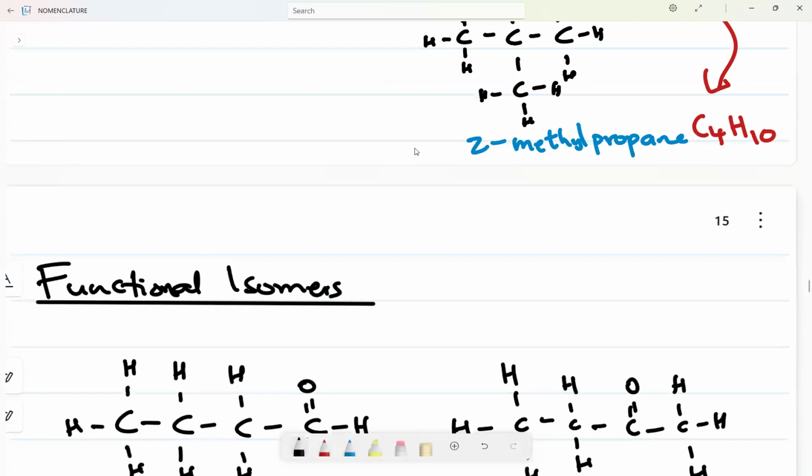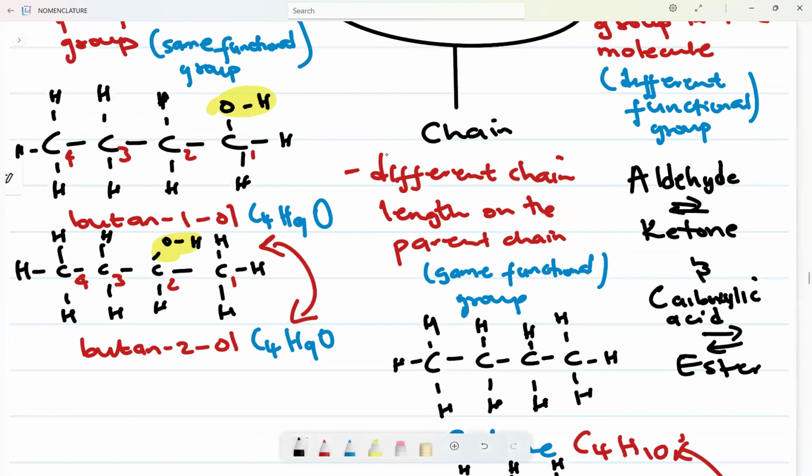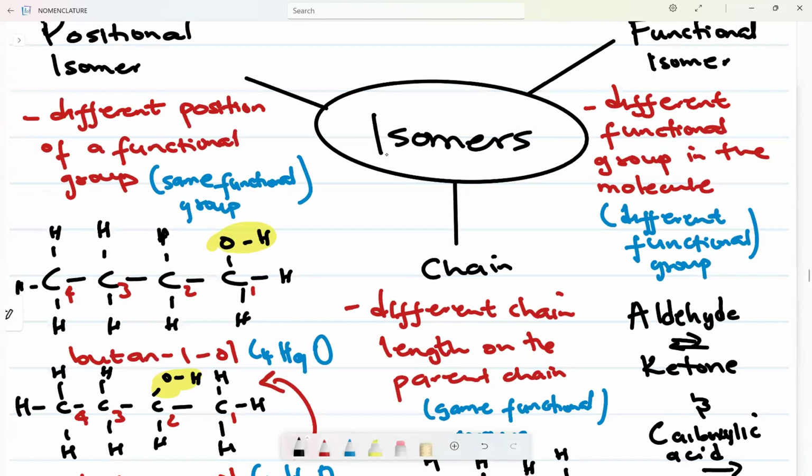And now on the positional isomer, when we change the position of the functional group, we should not change the functional group of this structure or the homologous series. Okay? The homologous series should be the same here. Let me just emphasize that. Same functional group or homologous series.